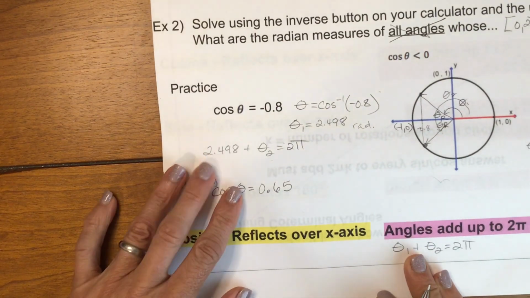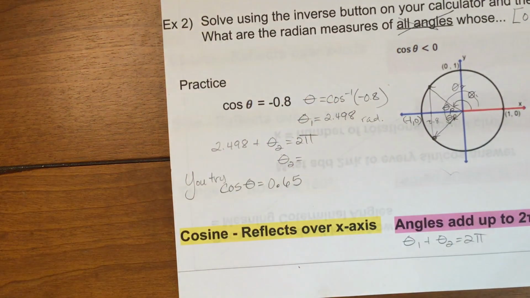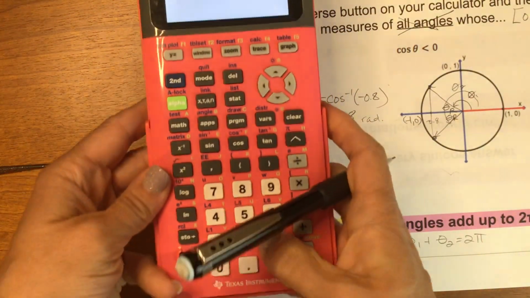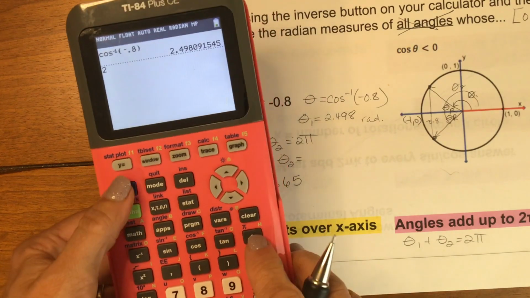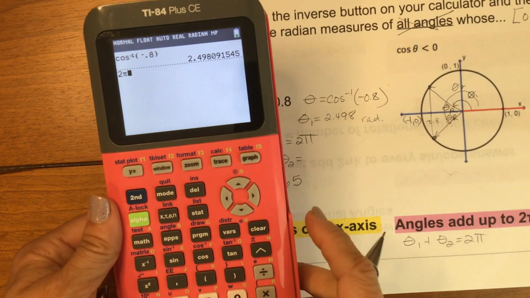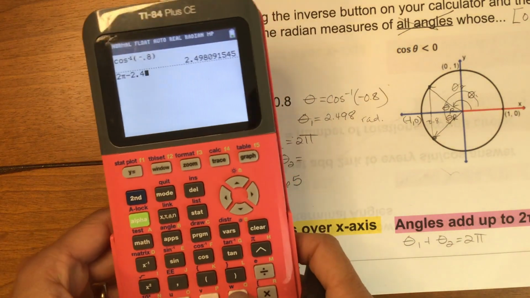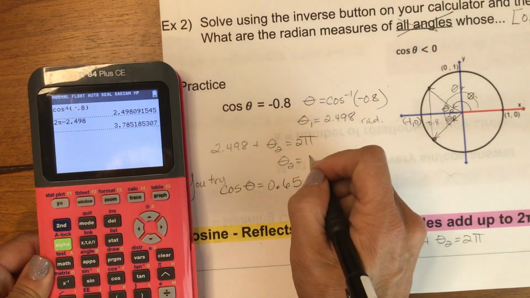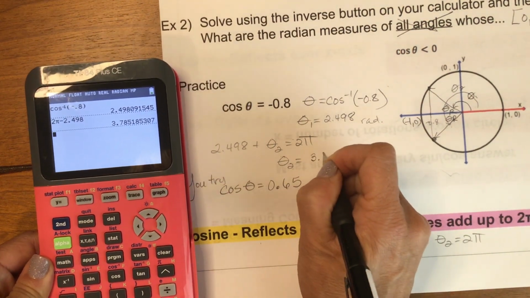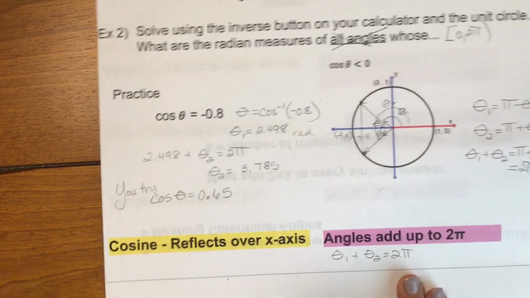So then subtracting 2.498 from both sides, I get theta 2 equals, and you're just going to use 2, and if you have a pi button, use that, or multiply it times 3.14, minus 2.498. And our second angle, theta 2, is going to equal 3.785. All right.